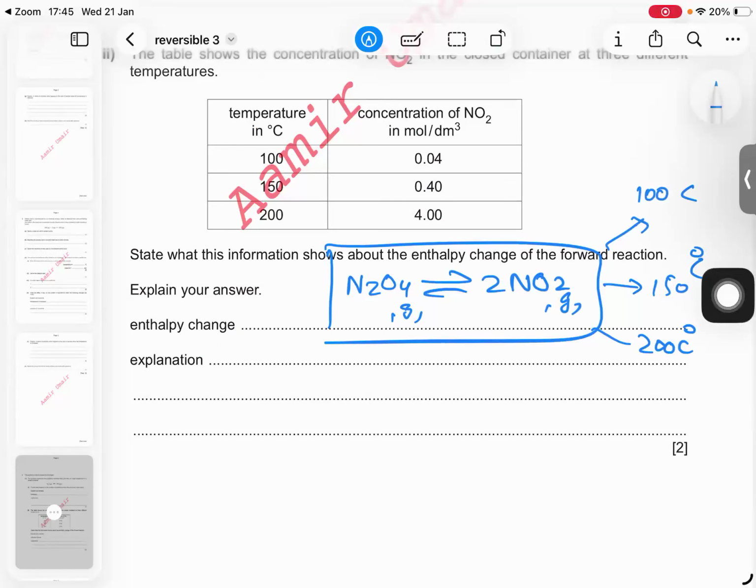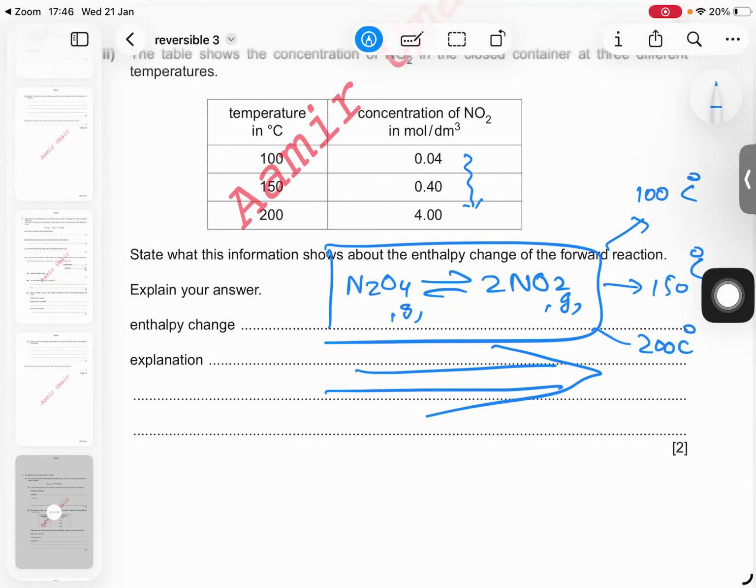Again and again, the temperature is increased and he measured the concentration of NO2. Can you see what is happening to the concentration of NO2 with the increase in temperature? Increases. So it means which direction is the equilibrium shifting? To the right hand side by increasing temperature. So it should be endo or exo? Endothermic, because increasing temperature favors the endothermic direction.